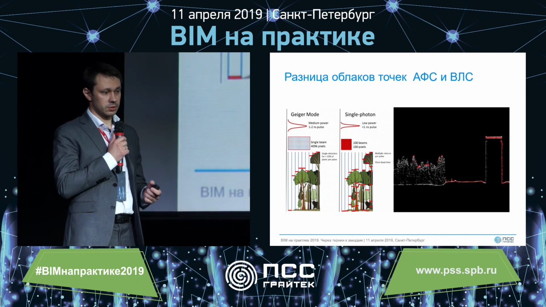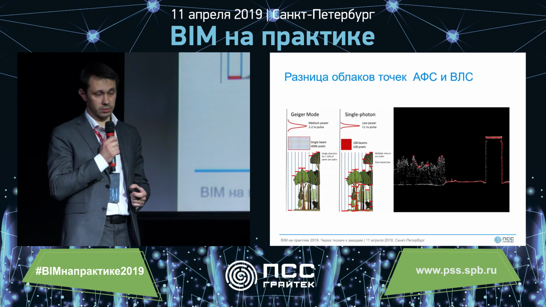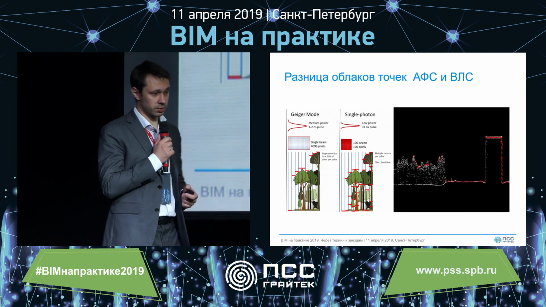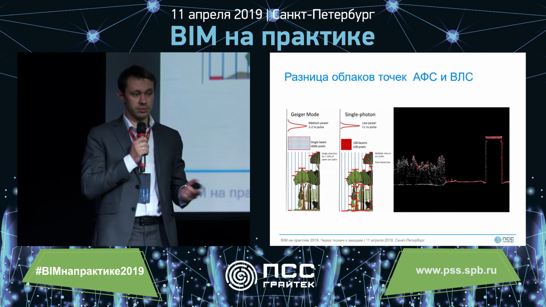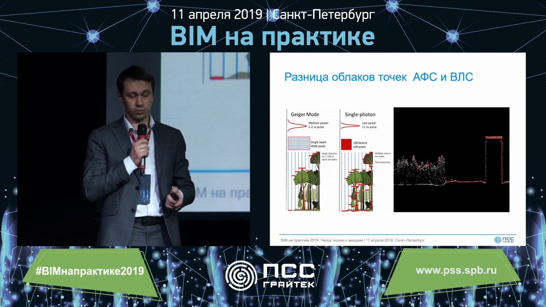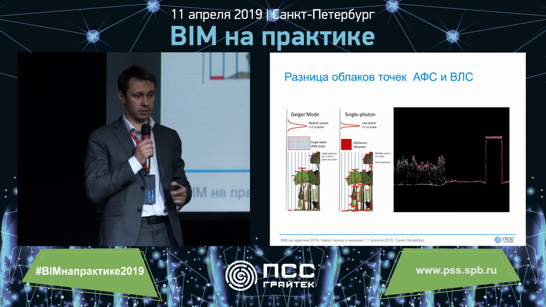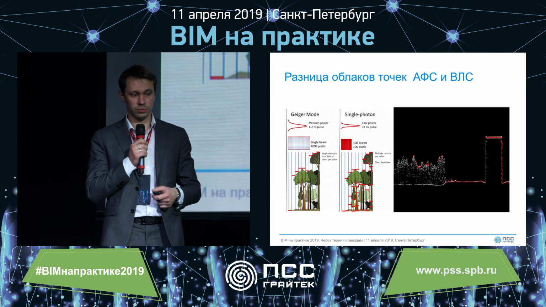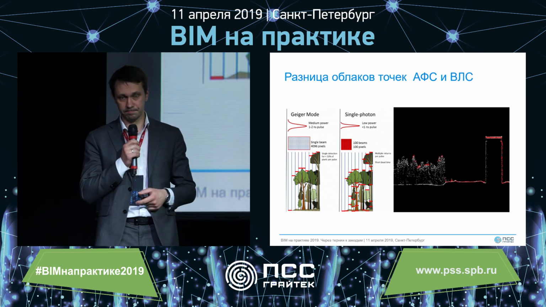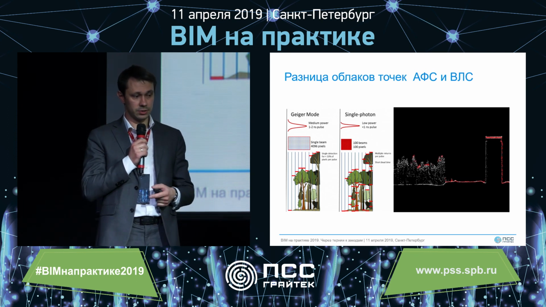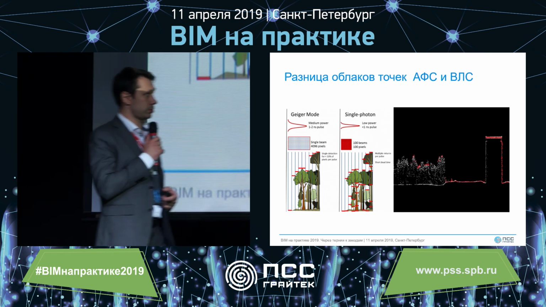We've also started using the technology of laser scanning. We install the modern cutting-edge technologies, and the result we get is a cloud of dots, a dot cloud that describes the relief, the landscape, and the sites.